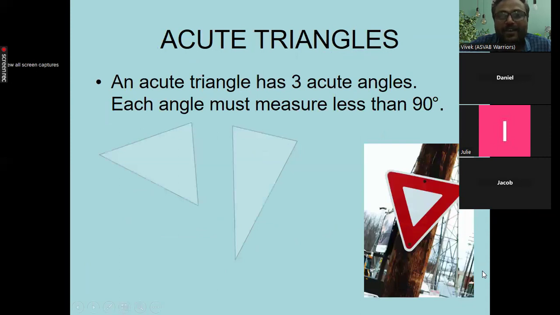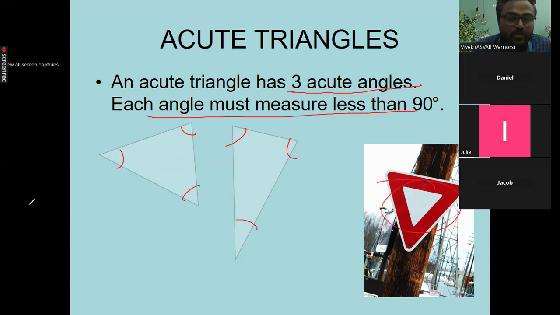Let's move on to acute triangles. An acute triangle has three acute angles. Each angle must measure less than 90 degrees. If you observe this angle and this angle, they're all less than 90 degrees. Which type of triangle is this? This is an acute angle triangle.